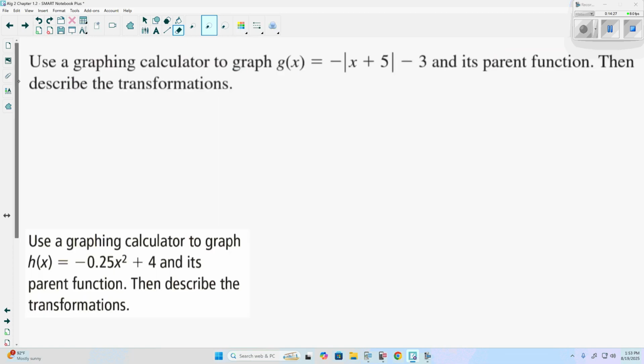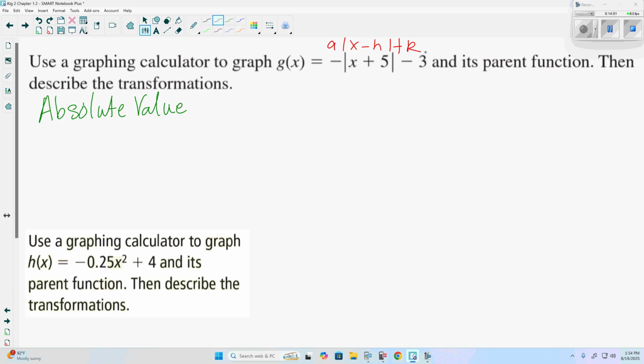Let's do one more. G of x equals negative absolute value of x plus 5 minus 3. So this is going to be absolute value. Now the only thing it won't have is what? Because it's going to have, it's missing one transformation.